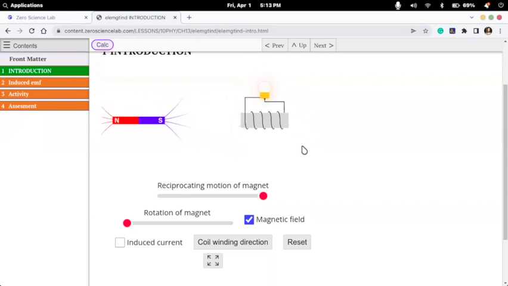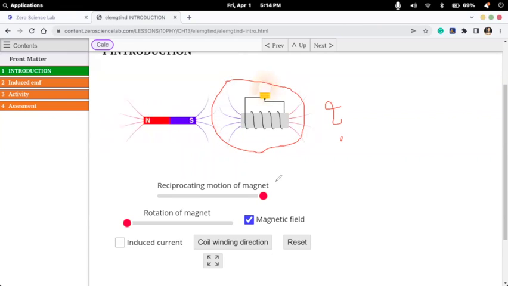But is the magnetic field it experiences constant or changing?